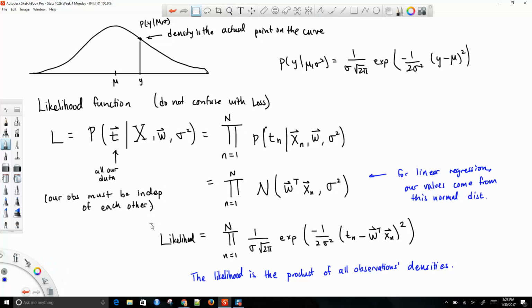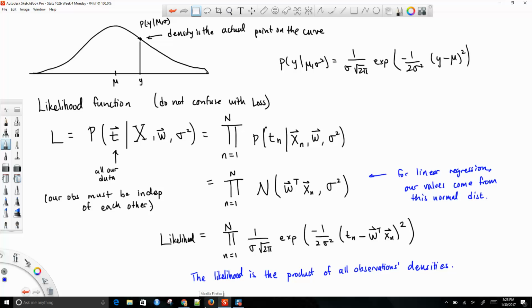Is that good? Okay, and so this is the function we want to maximize, our likelihood. So we want to find the values of W that maximize this likelihood. And that's the entire premise of maximum likelihood estimation here.